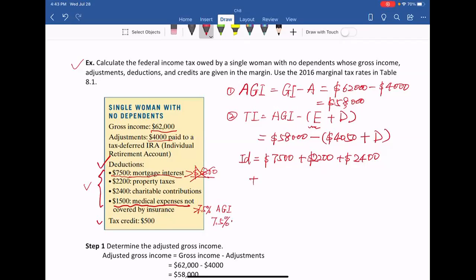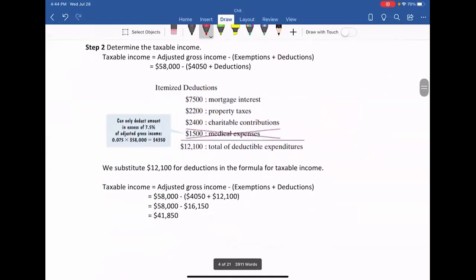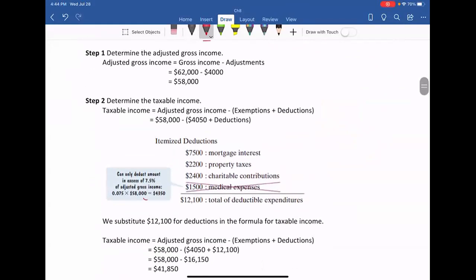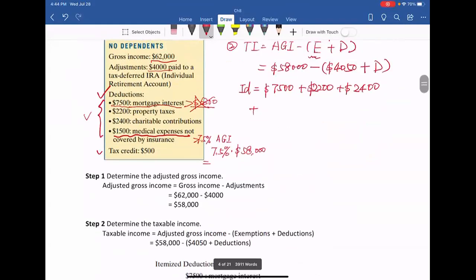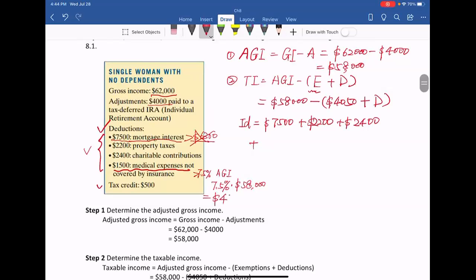7.5% times the AGI, 58,000. We could use the calculator, but let's see if I can find the number in the book. Oh, they provided it to us: 4,350.